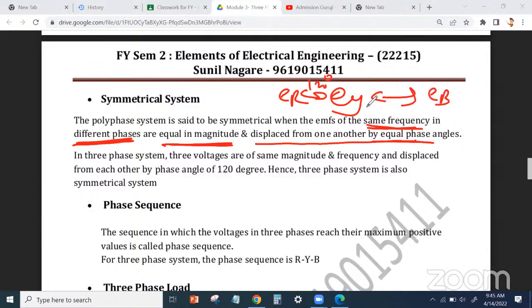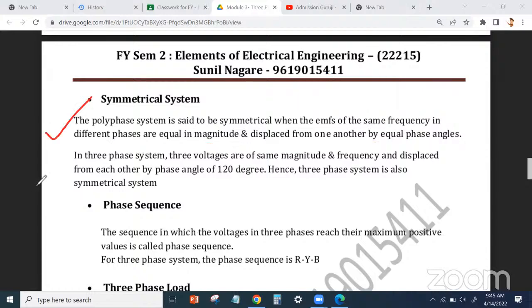EY एंड EB इन दोनों का फेज डिफरेंस है, दिस इज 120, दिस इज 240, लेकिन डिफरेंस कितना है? 120. सो displaced from one another by equal phase है. से ये तो पॉलीफेज में था.